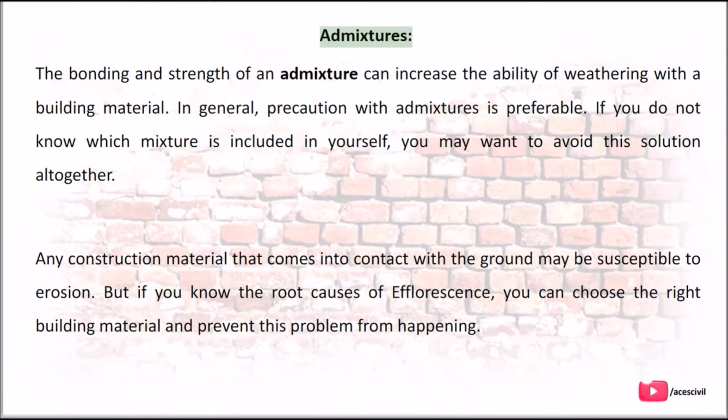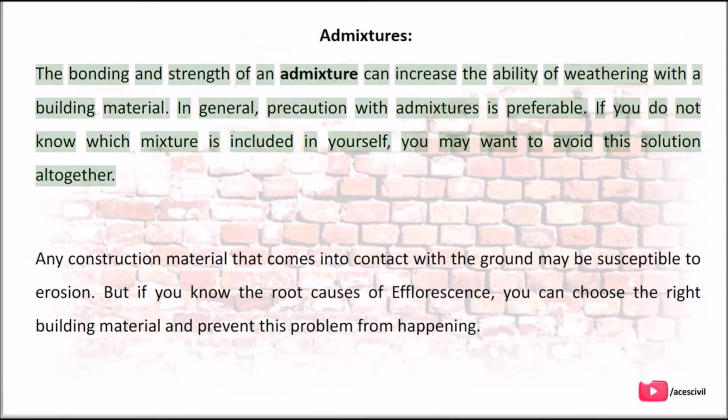Admixtures. The bonding and strength of an admixture can increase the potential for efflorescence with a building material. In general, precaution with admixtures is preferable. If you do not know which admixture is included in your mix, you may want to avoid this solution altogether.